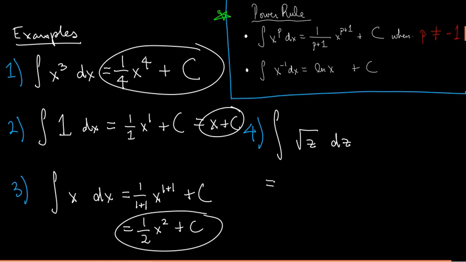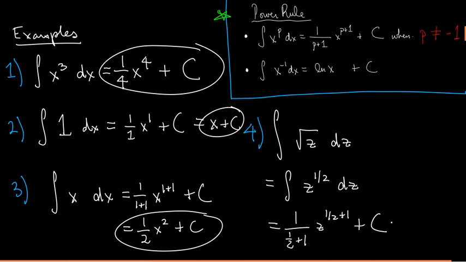Now this time it's not explicitly clear what the power is, but of course if you remember that square roots are just fractional powers, now you can see that p is equal to 1/2. So you integrate that, you get 1 over 1/2 plus 1, z to the power 1/2 plus 1, plus a constant of integration.